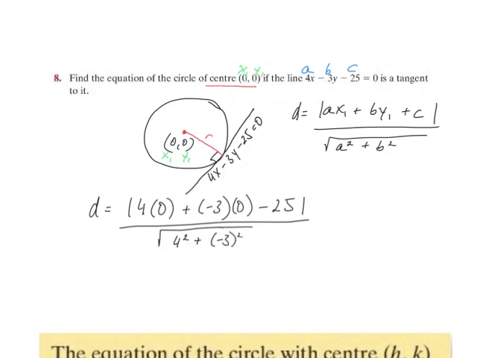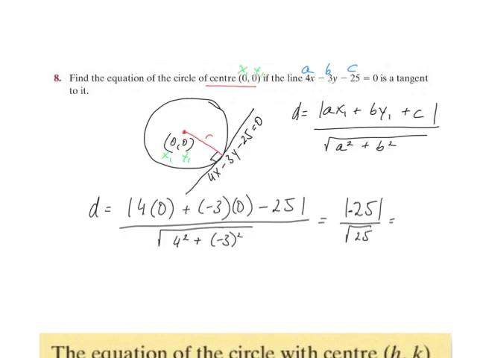Brackets, very important. And then we calculate it. So 4 times 0, minus 3 times 0, so all we have is minus 25 over the root of 4 squared plus 3 squared, 16 plus 9, which is also 25.